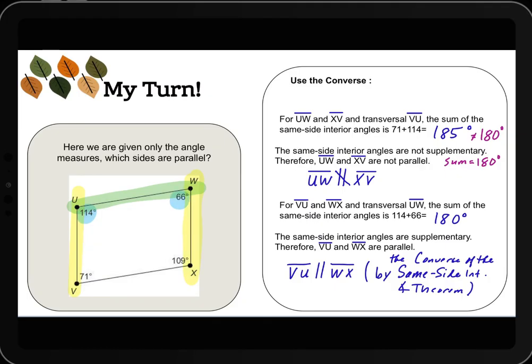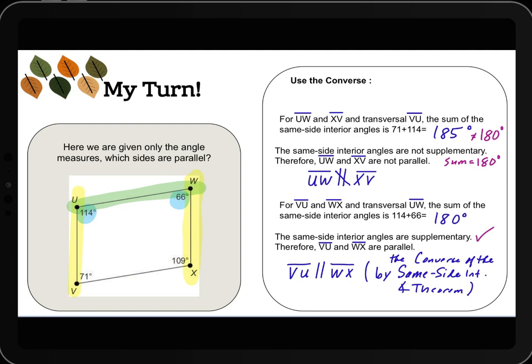However, their sum is 180. They're same side interior angles as well if you compare them to the transversal of UW. So they're both on the same side of that, and UW is intersecting the two yellow segments that I've highlighted. That means that they are supplementary. This is good. That verifies that the segments are parallel.